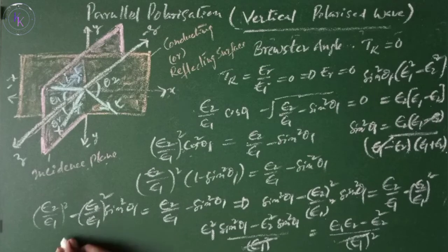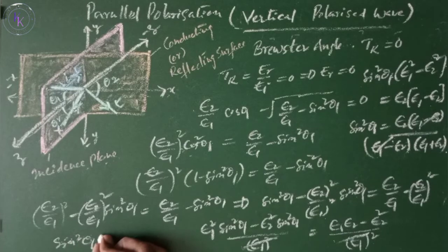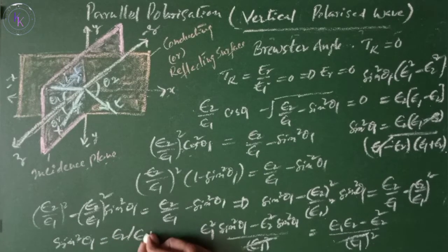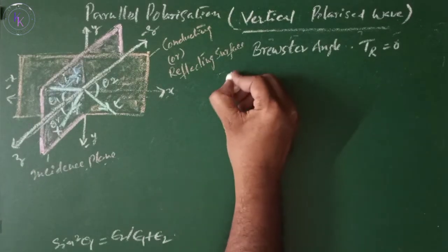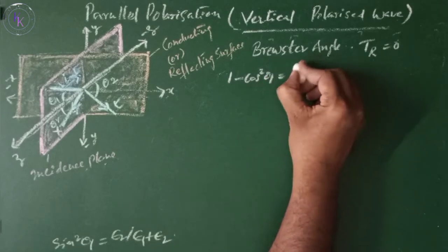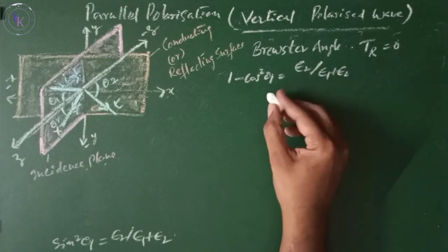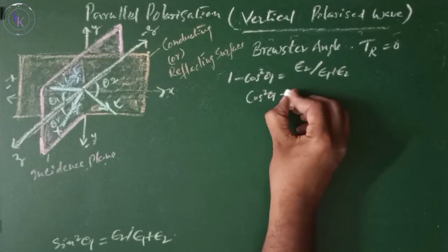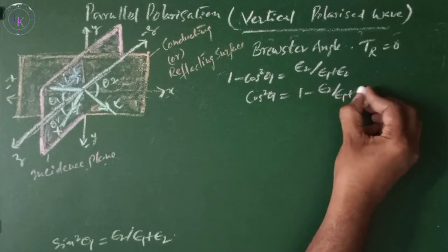Then finally, after simplification, we get sin²θ1 equals ε2 divided by (ε1 plus ε2). Now, from this you can write sin²θ1 is nothing but 1 minus cos²θ1 equals ε2/(ε1 plus ε2), from which cos²θ1 equals 1 minus ε2/(ε1 plus ε2).